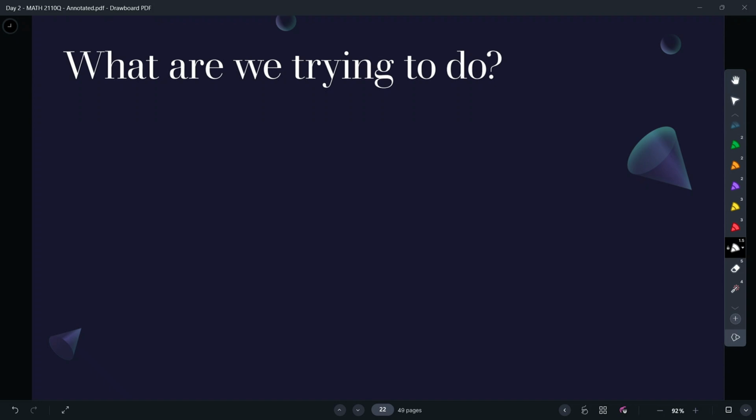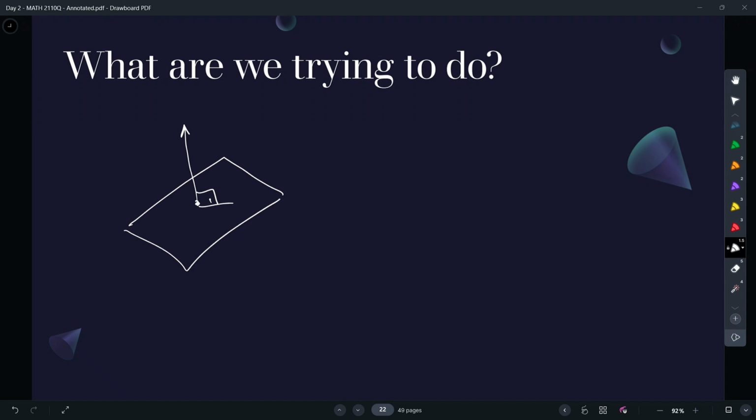how to even define a plane, and we said we're going to define planes by what we call their normal vector. If I have a point and a normal vector, a vector that is perpendicular to the plane, that defines a plane.